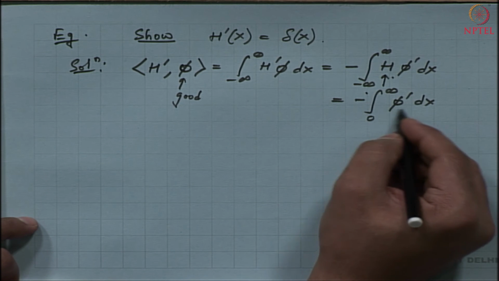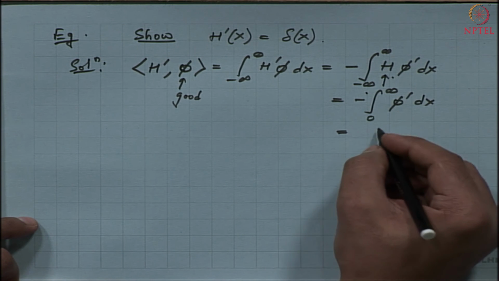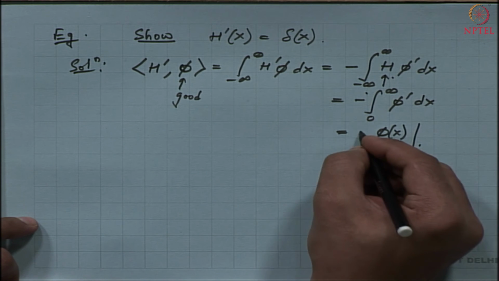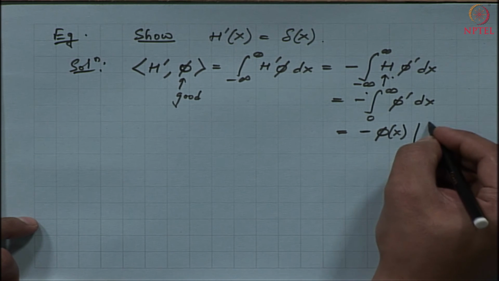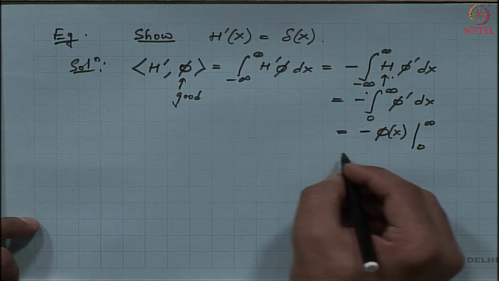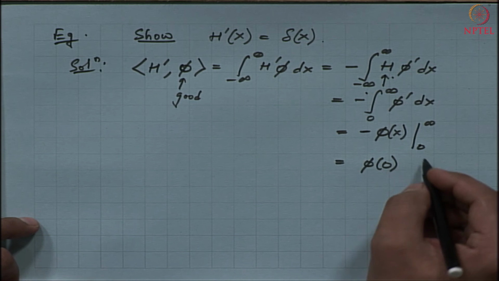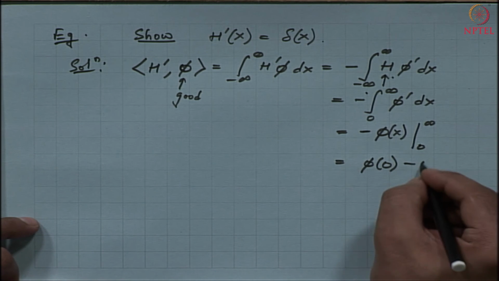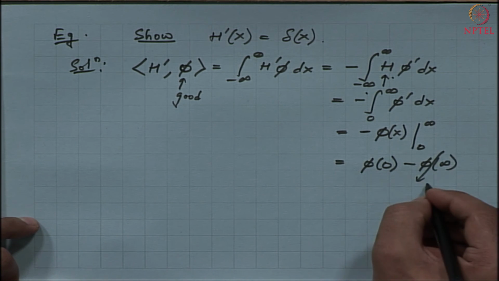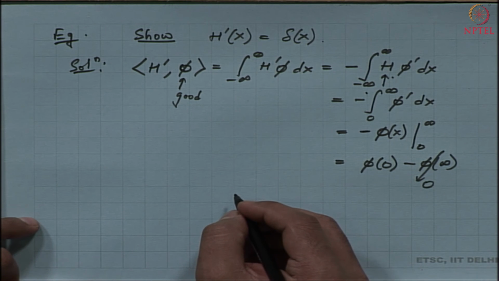Now, this is derivative of phi and this is integral of phi. So, all I get is a simple integration, phi of x with a minus sign, evaluated from 0 to infinity, and then I get this is equal to phi at 0. Well, phi at infinity vanishes because phi is a good function, right.